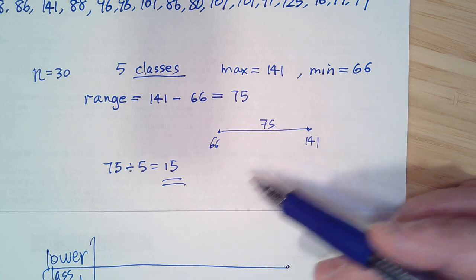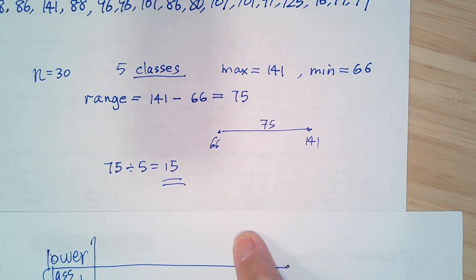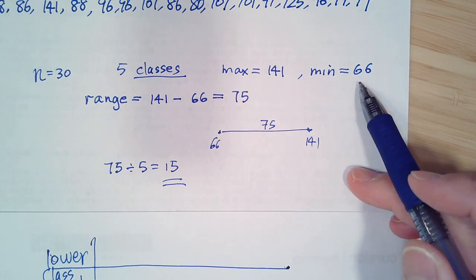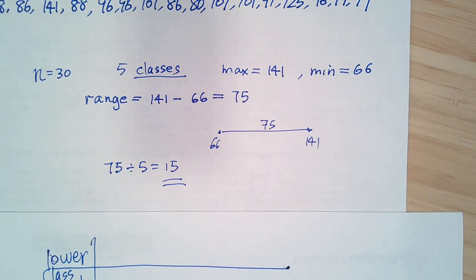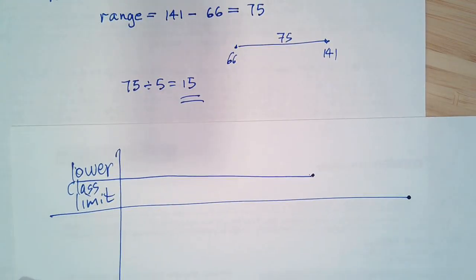If the class width is 15, the next lower limit will be 81. You don't like that. You'd probably go down to 65 or even 60, whatever you like. So I go down to 55.